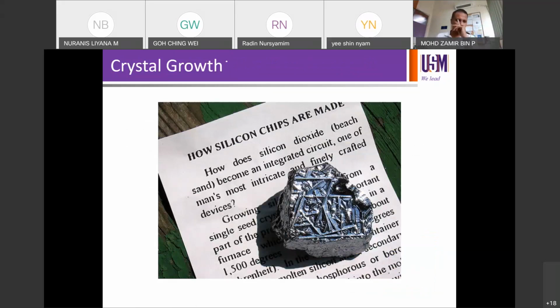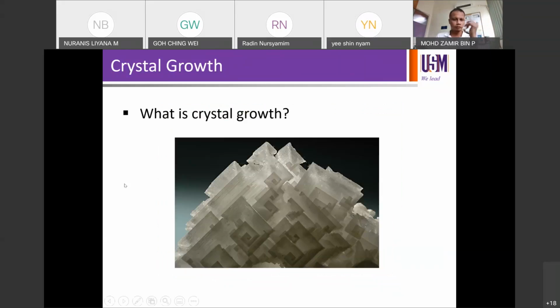Right, today we're going to look into crystal growth, which is the very start of the fabrication. This is going to talk about the fabrication of silicon ingots and silicon wafers. So that's the crystal you can see there on the page. So what is crystal growth? We're going to talk about the growth process of silicon, which covers two phases.